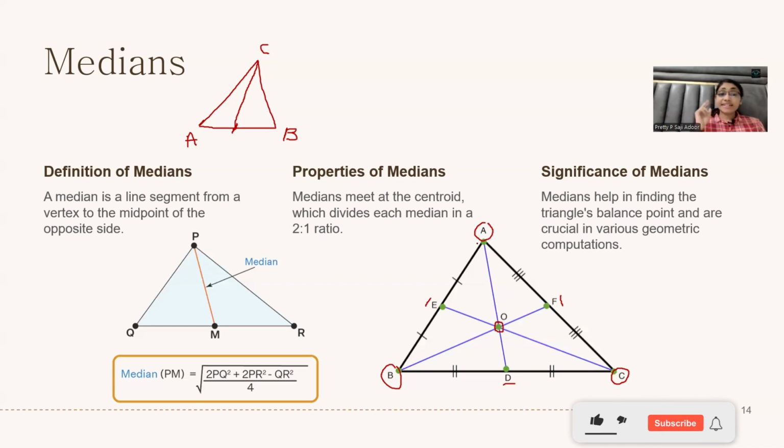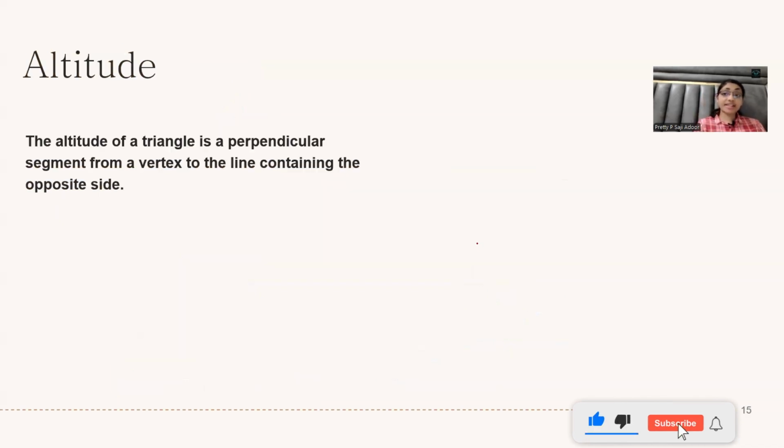The second term we're going to learn is altitude. What is an altitude of a triangle? A perpendicular line segment from a vertex to the line containing the opposite side. That is, if we draw a triangle like this, the altitude will make a 90-degree angle with the base AB.